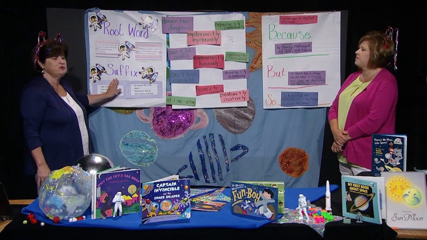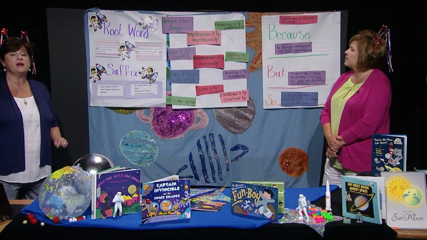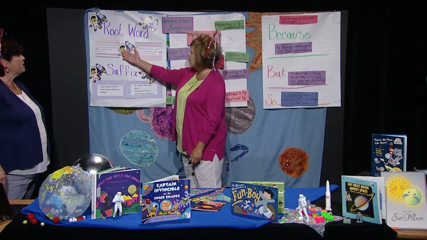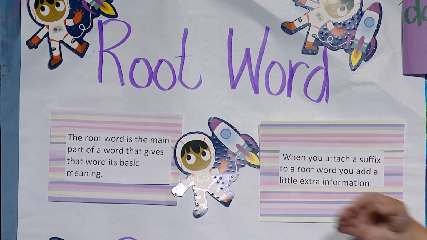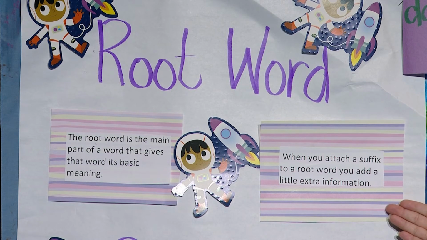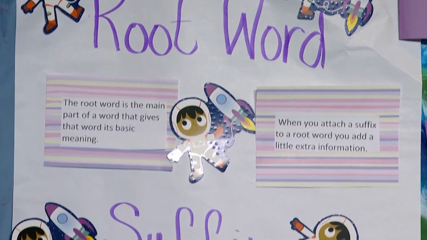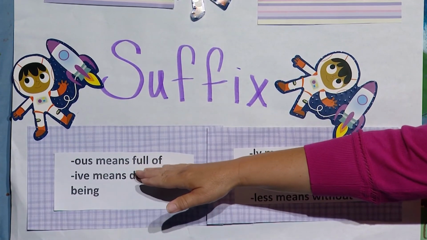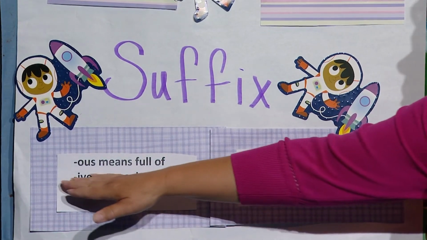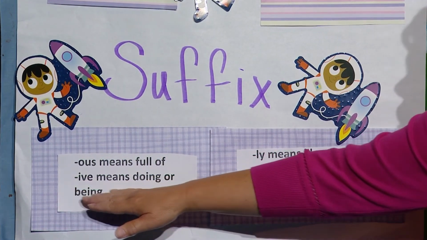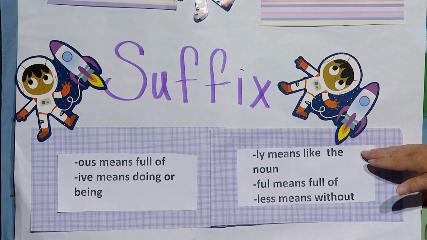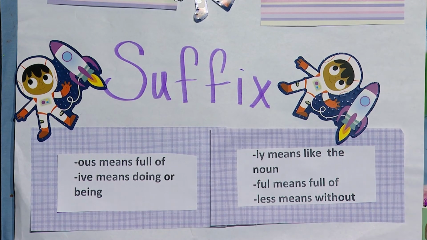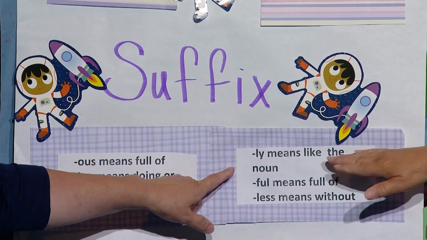Let's go back to our original chart and review what we know about suffixes. The root word is the main part of a word that gives the word its basic meaning. And when you attach a suffix to a root word, you add a little extra information. Let's review what each suffix means. Suffix OUS means full of, suffix IVE means doing or being, suffix LY added to a noun makes them an adjective, and this makes the word mean like the noun.